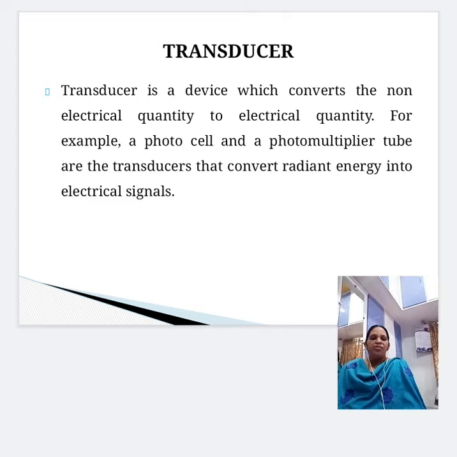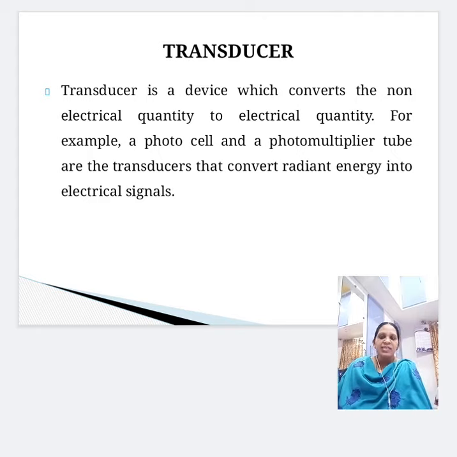The radiant energy falling on the photocell or photomultiplier gets converted into electrical signal. So the transducer is the basic sensor, the most important part of an analytical instrument.